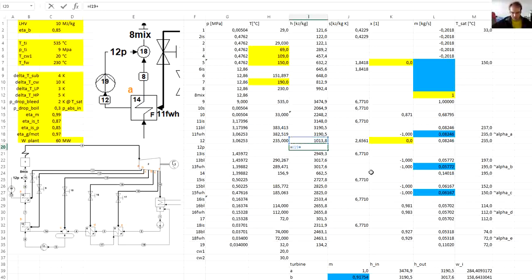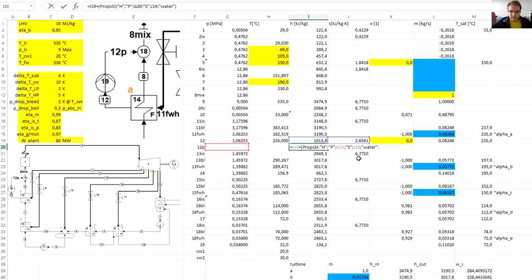It will be the enthalpy at the inlet plus the ideal enthalpy difference, which means we need to write it as H, where we want to get enthalpy based on, for example, pressure, where we will shortly put in here the pressure at point 12p, and entropy, which we have in here, and of course the working fluid, which is water.